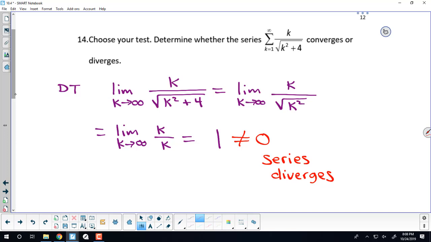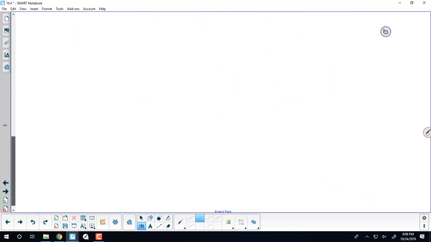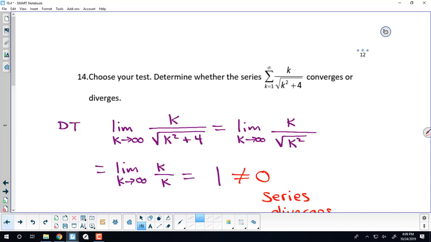If you just say diverges, there's not a lot I can do to help you out. But I think it is good to develop some intuition, for sure. Okay, I think that's it. Any questions on 10.4?